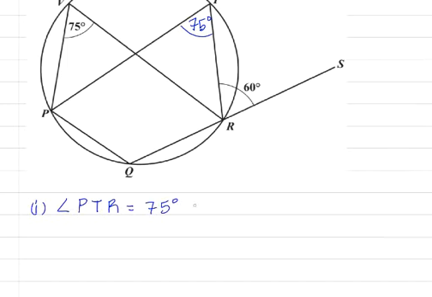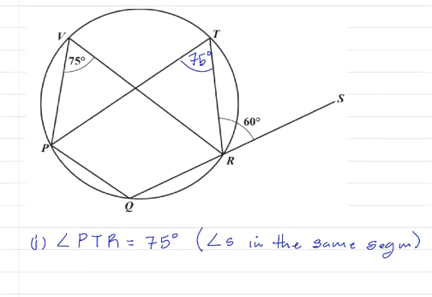And the reason here is that there are angles in the same segment. Angle PVR and angle PTR are angles in the same segment. They both start and end at the same points on the circumference, P and R, and the two angles are formed at the circumference in the same segment.